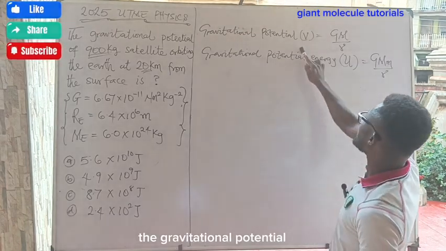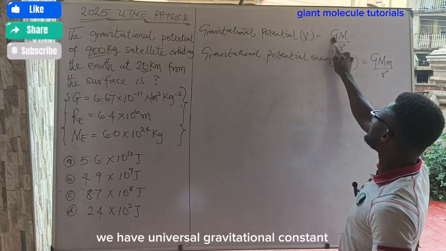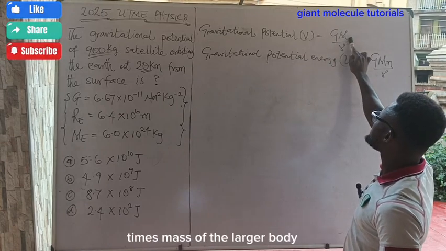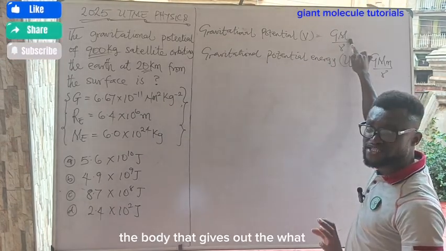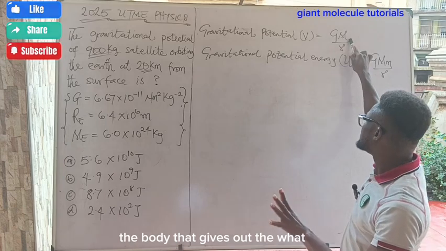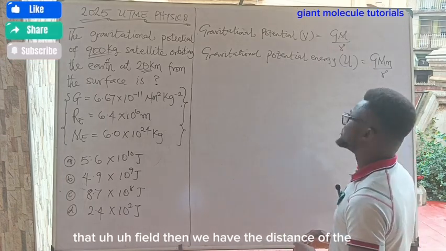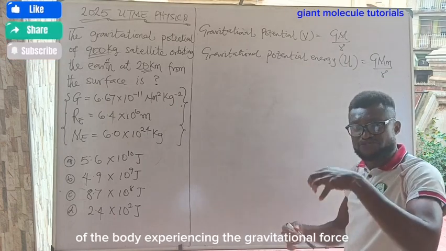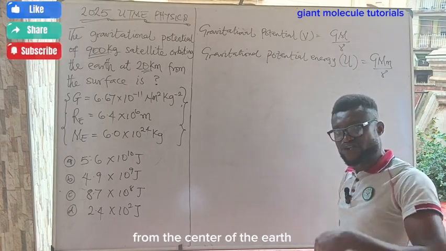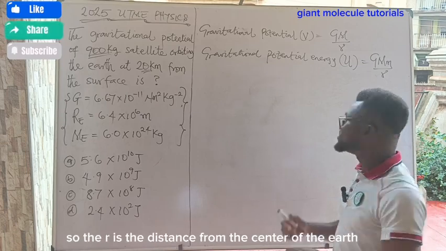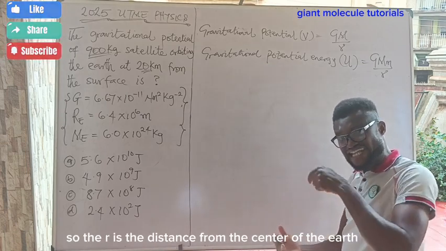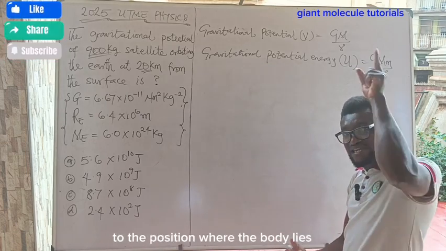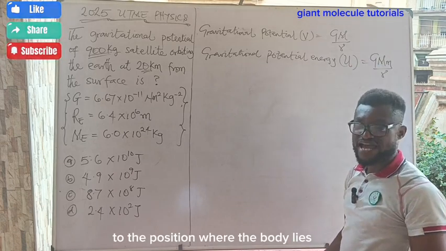The gravitational potential, we have universal gravitational constant times mass of the larger body, the body that gives out that field. Then we have the distance of the body experiencing the gravitational force from the center of the Earth. So the R is the distance from the center of the Earth to the position where the body lies.